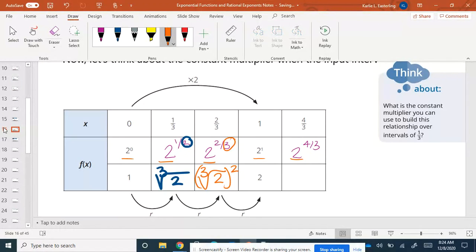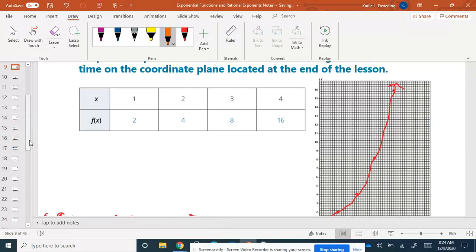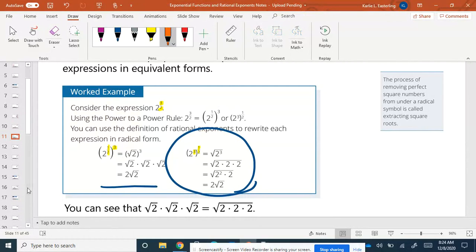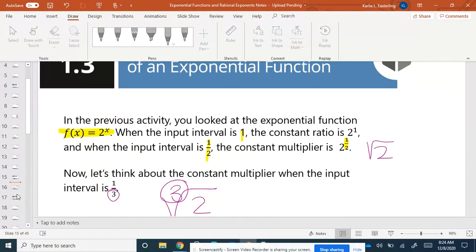So where we looked at this earlier was on some worked examples up here. There were 2 ways that we could go about writing it. You can either write 2 cubed or the square root of 2 cubed.